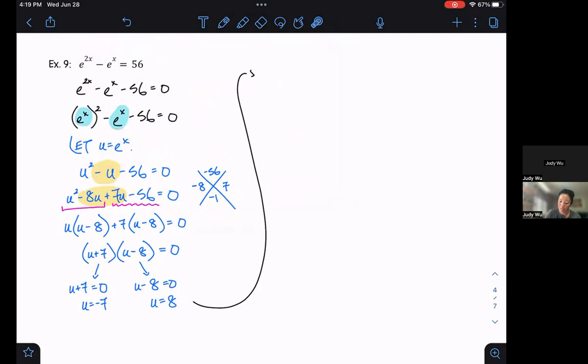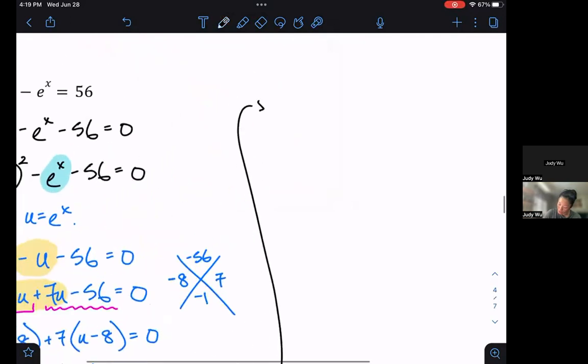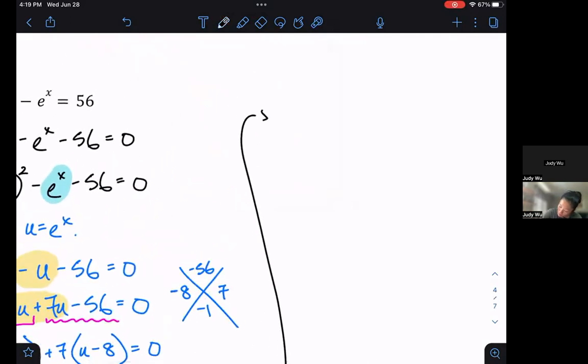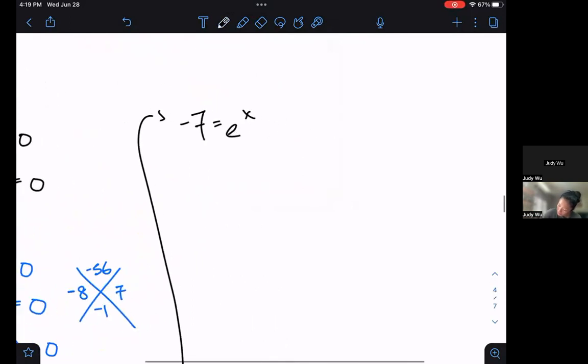U equals e to the x. All right. So really, I have negative 7 equals e to the x, and 8 equals e to the x, right? Instead of u equals negative 7 and u equals 8, I have e to the x equals negative 7 and e to the x equals 8, all right?